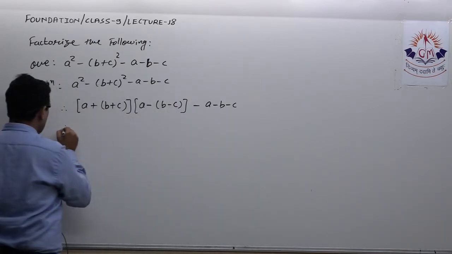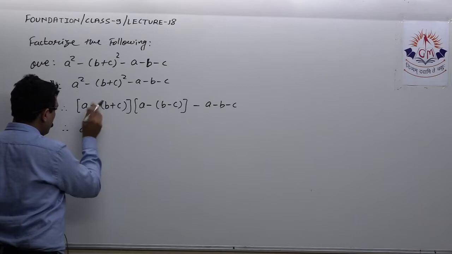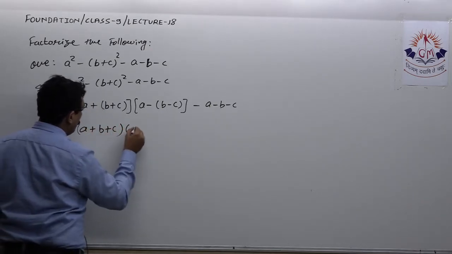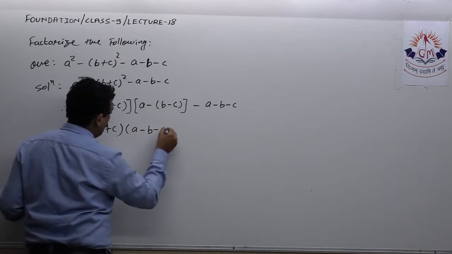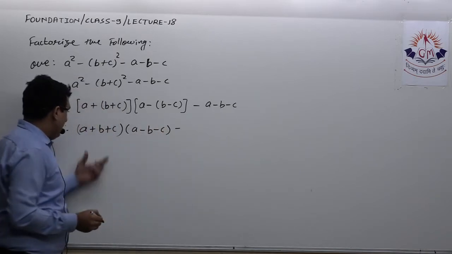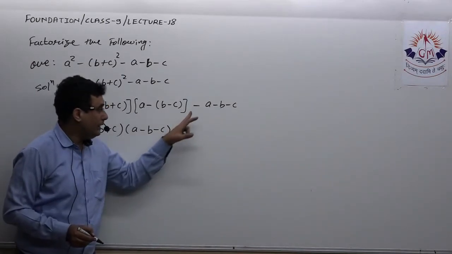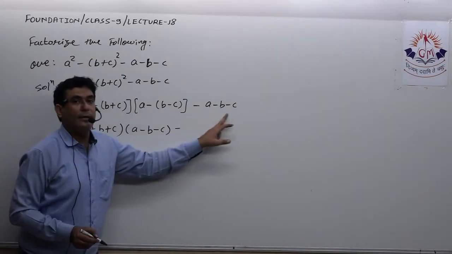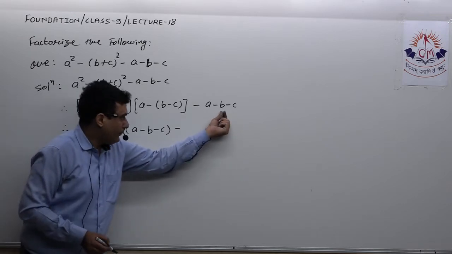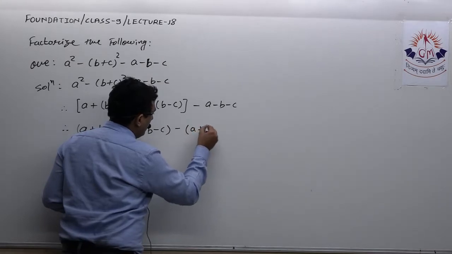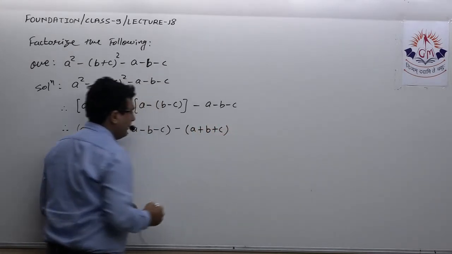Okay, so on opening the bracket, in this bracket I will get a plus b plus c, and over here I will get a minus. Now here I have a plus b plus c, here I have a minus b minus c, and here you can see I have minus a minus b minus c. So if I take the minus sign common from these three, what I will get is plus b plus c, isn't it?